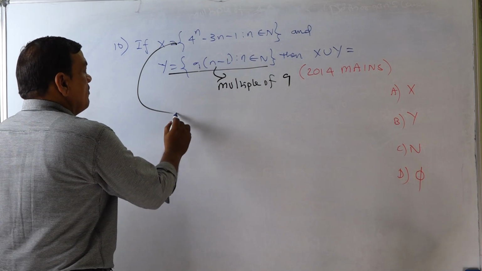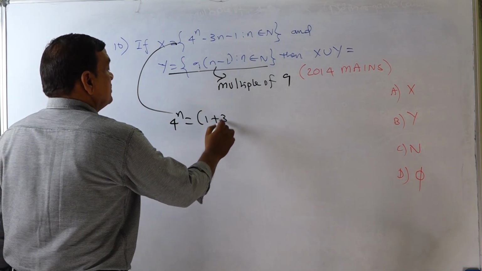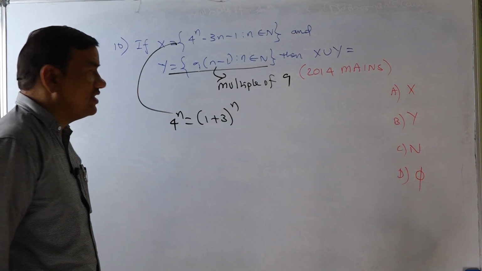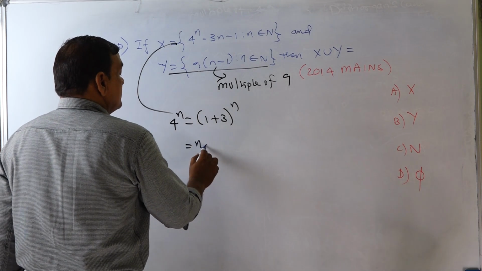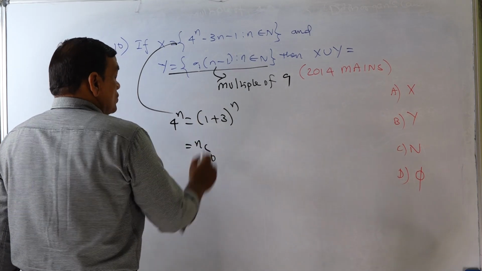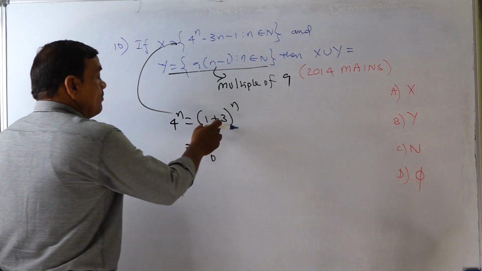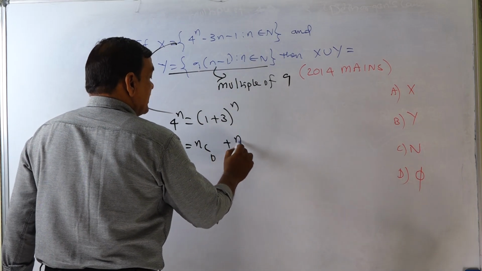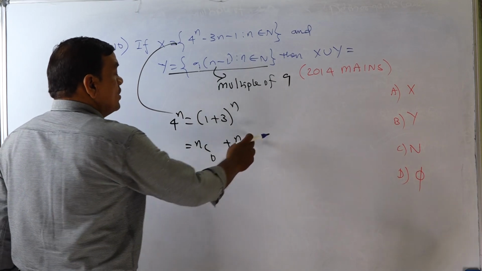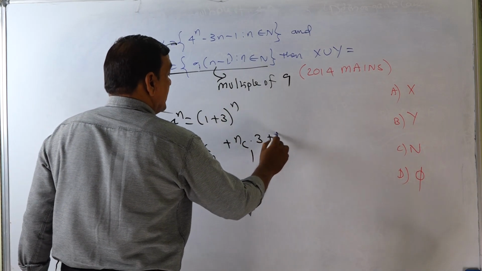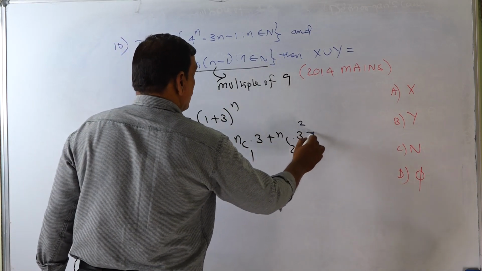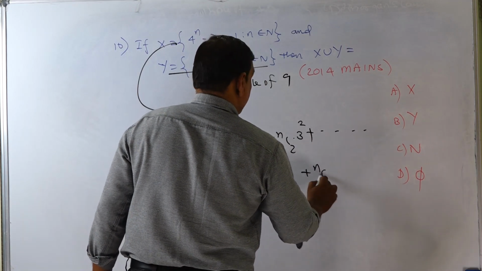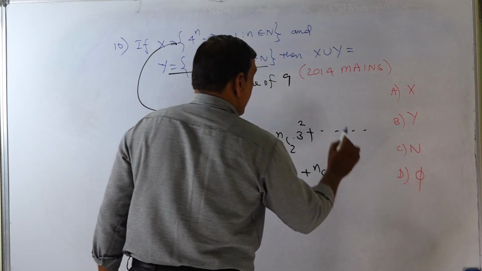4 power n can be written as 1 plus 3 whole power n. So by the binomial theorem, you can expand: nC0 into 1 power n, plus nC1 into 1 to the power of n minus 1 into 3, plus nC2 into 3 square, and so on, the last term is nCn into 3 power n.